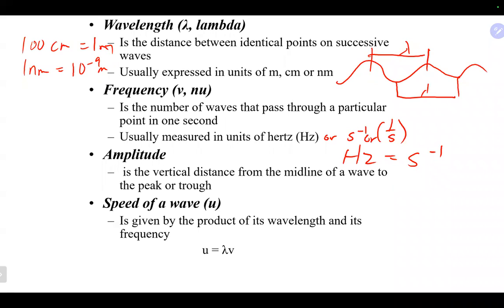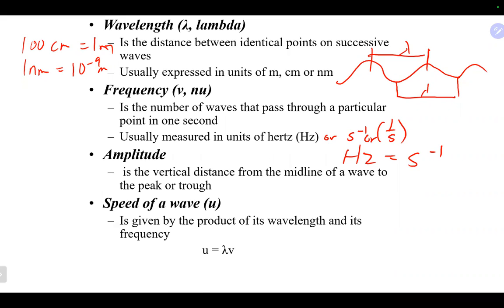With frequency we also sometimes use mega, which is 10 to the 6, like when you dial your radio into 95.5 megahertz. That's the frequency of the radio waves coming in to your radio.